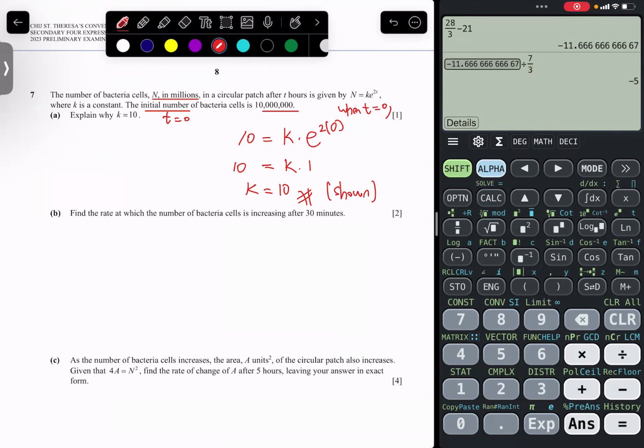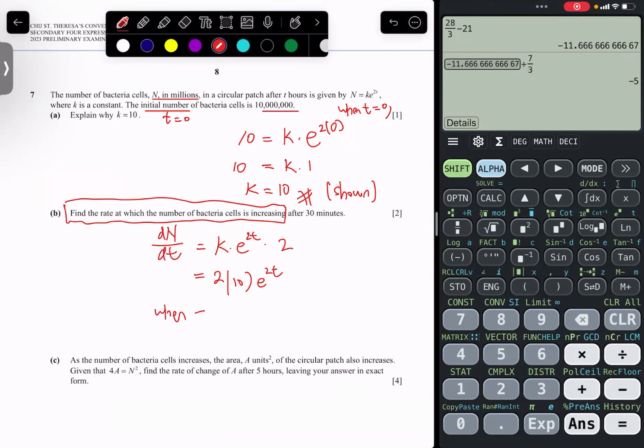Since they asked for the rate at which it is increasing, they want dN/dt. So dN/dt equals k times e to the 2t times 2. So 2k, or rather 2 times 10 times e to the 2t.